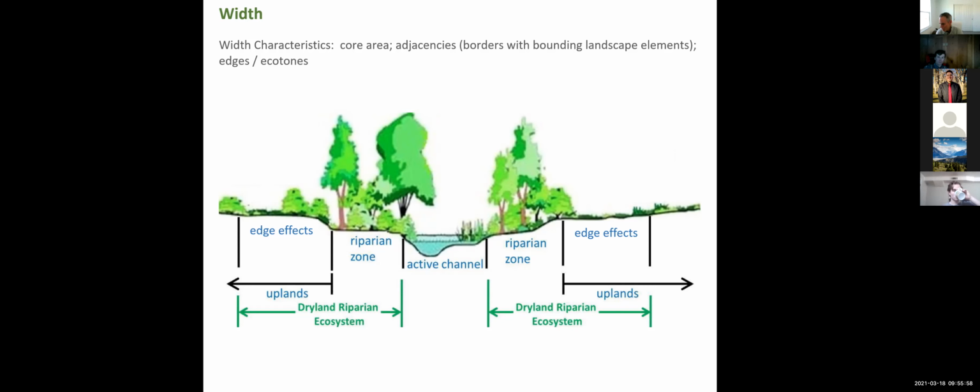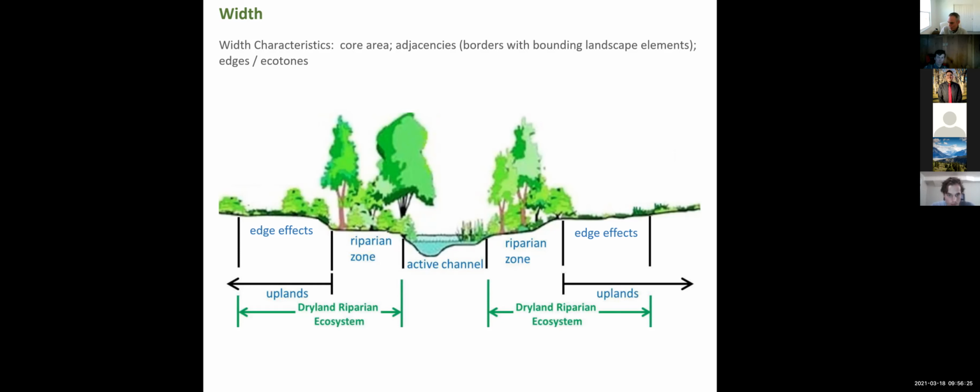So if you have a heavily urbanized adjacent land use, for example, that's going to have a much more profound and deleterious impact on the core than other types of adjacencies. And again, that has to do with the level of contrast that you have between that edge of the corridor and the adjacent landscape type.